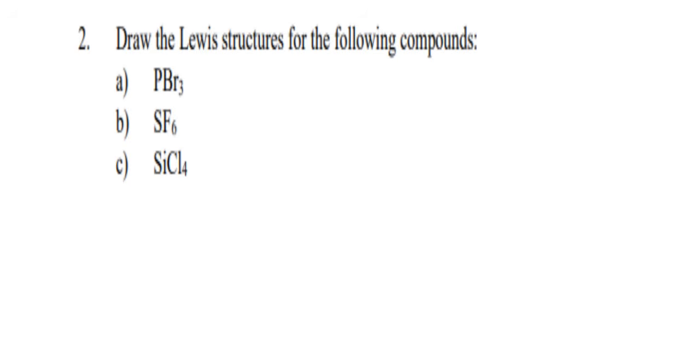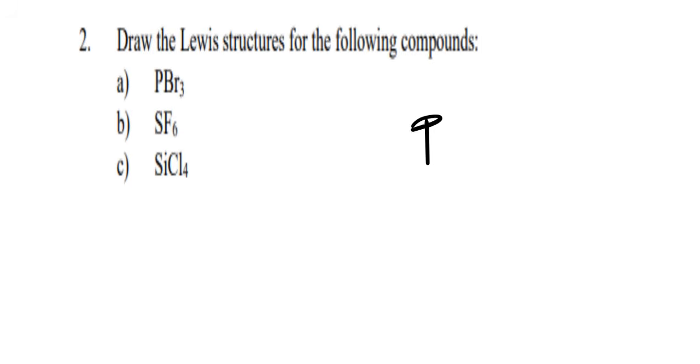Then number two, we're asked to draw the Lewis structures for the following compounds. Now we've talked about how you draw Lewis structures, so I'm just going to go direct to drawing these diagrams. So if the first one is our P there, our phosphorus, what are we now going to have?